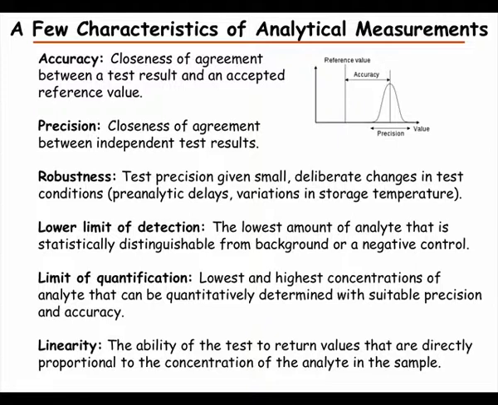Then we have the limit of quantitation. So one thing is to detect, but then you also want to find what's the lowest limit where you can quantify. And then you want to establish over what range your measurement is linear.